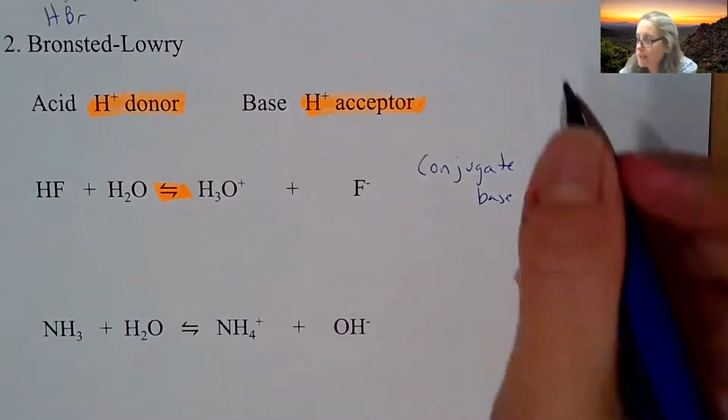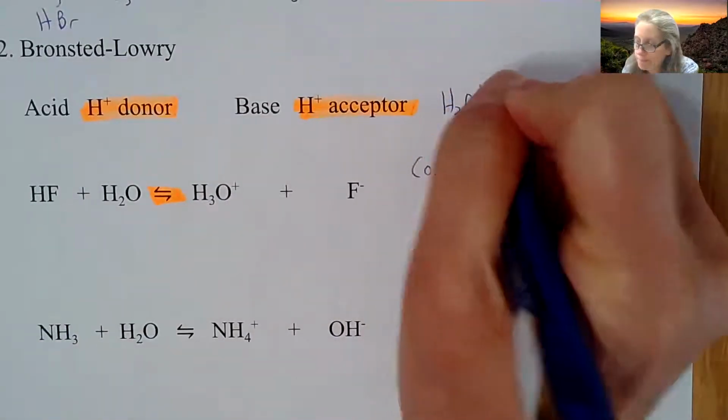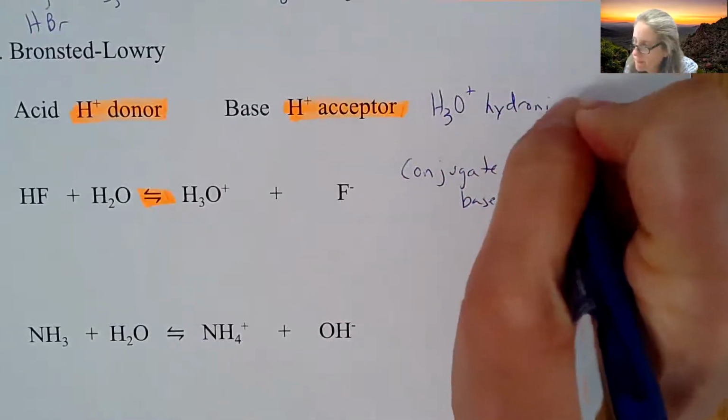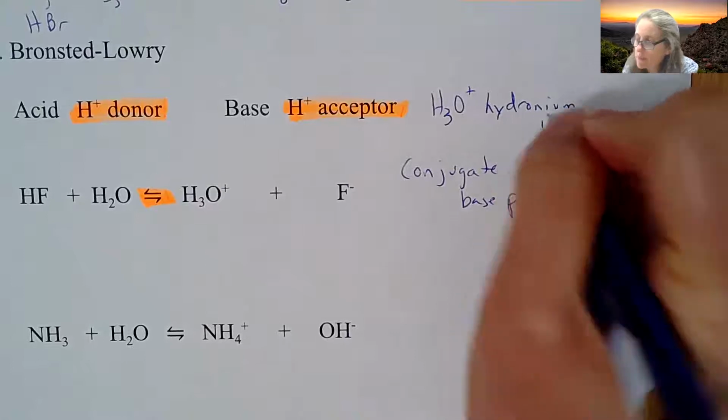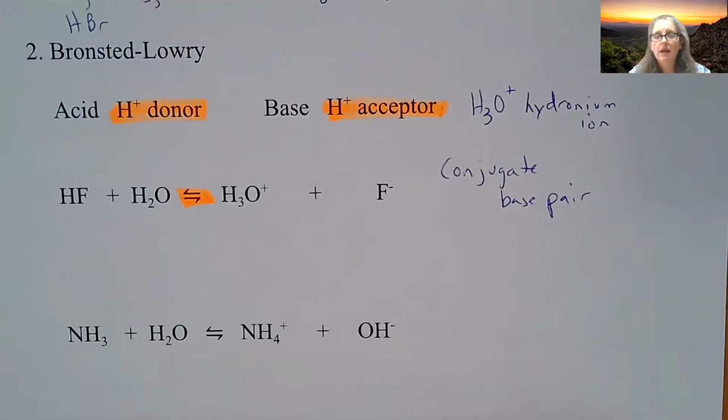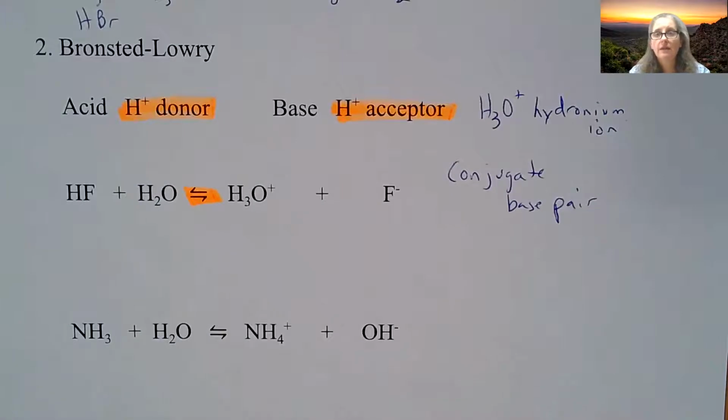Well, H3O+ is called hydronium ion. You are going to have to be familiar with some of these words because sometimes in discussions, instead of writing the formula, you might see the words.